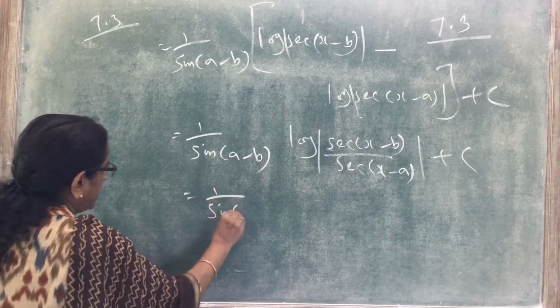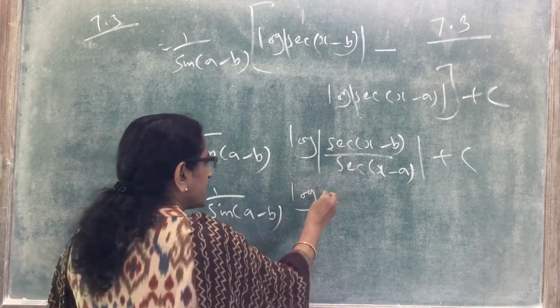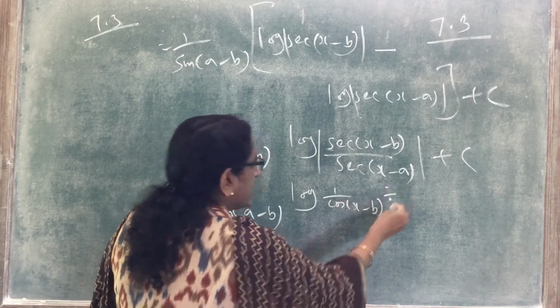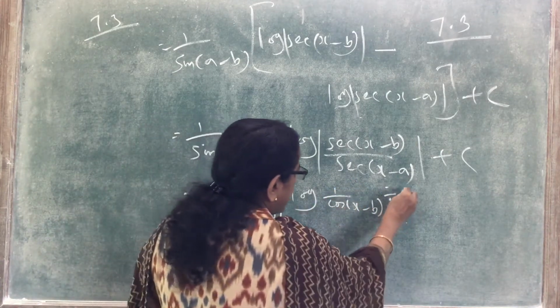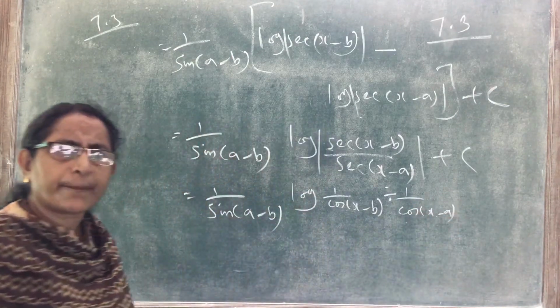1 by sin(A minus B) into log, what is sec(x minus B)? 1 by cos(x minus B), divided by sec(x minus A), 1 by cos(x minus A), plus C. Sec means 1 by cos.